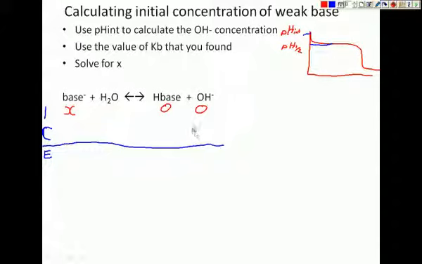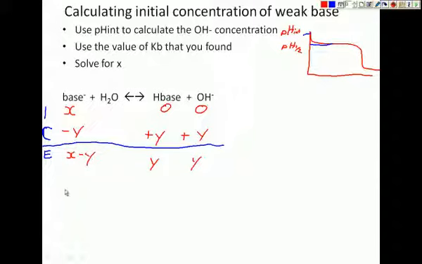Since I don't have a pH initial here, I'll say it increases by an amount Y. HBase also increases by Y because it's 1 to 1 to 1, and the base decreases by Y. So at equilibrium we have Y, Y, and X minus Y.